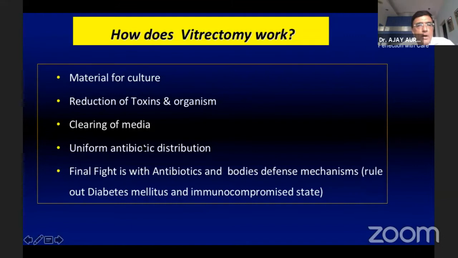Now, how does vitrectomy work? It gives us material for culture, it reduces the toxins and organisms, it clears the media, it allows uniform distribution of the antibiotics, and you must remember the final fight is with antibiotics and the body's defense mechanism rather than vitrectomy alone.